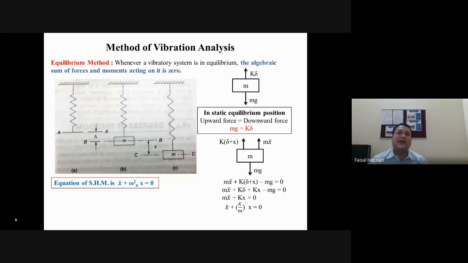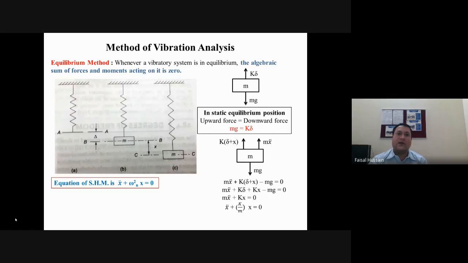It is based on D'Alembert's principle. Basically, the equilibrium method, the energy method, and Rayleigh's method are all used to determine the natural frequency of a system.